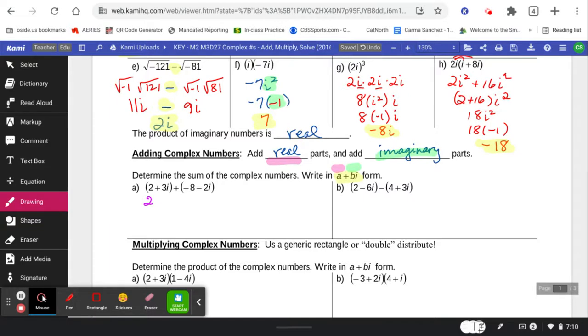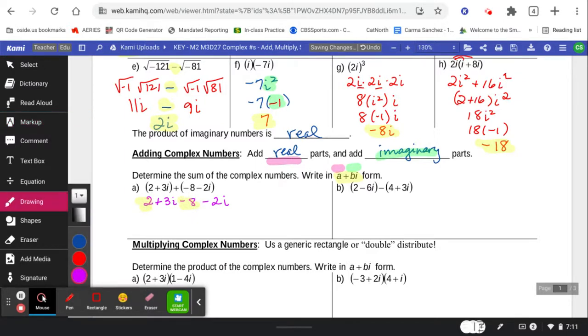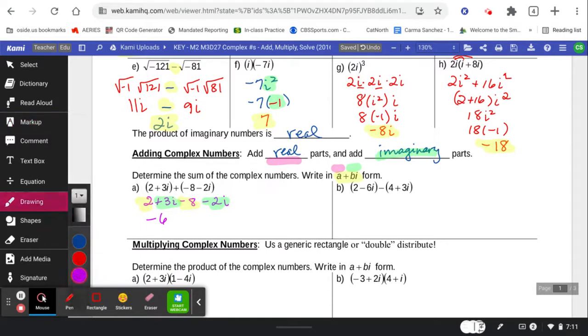So first, we're going to rewrite this with no parentheses so that we can combine like terms. We're just adding, so we're just writing out all these terms. We see that we've got two real parts. We've got a 2 and a -8. That gives us -6. And then we've got imaginary parts of 3i minus 2i.